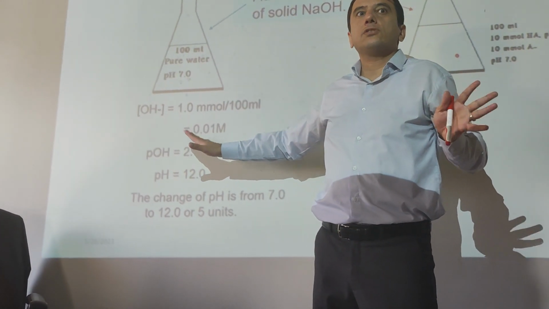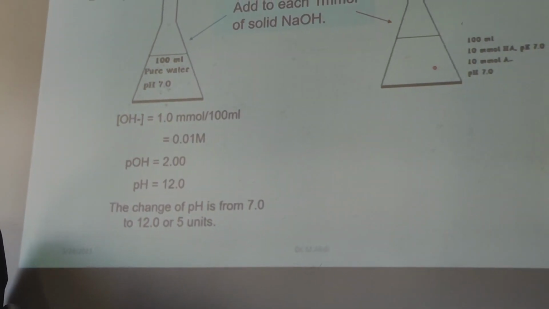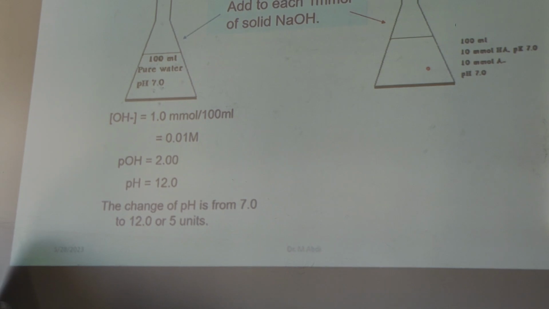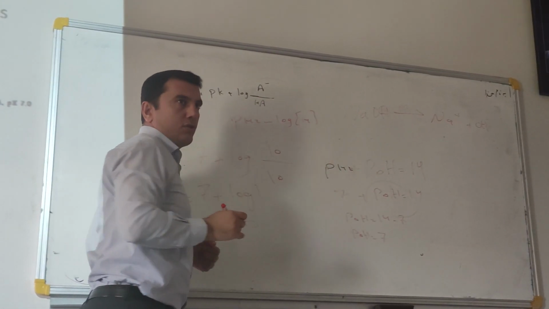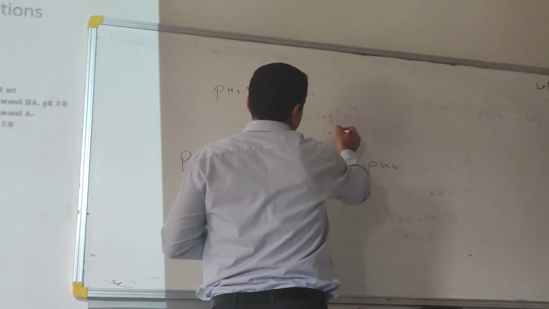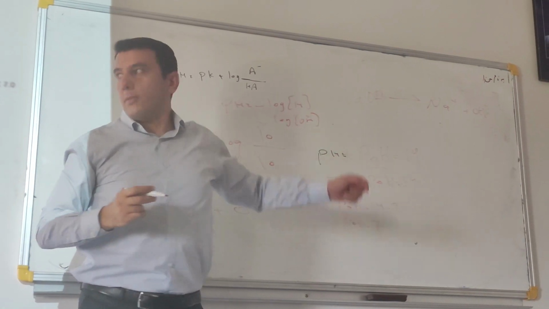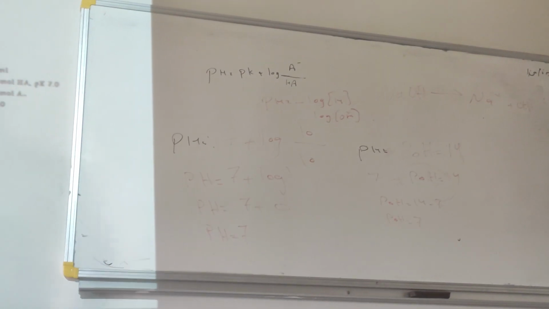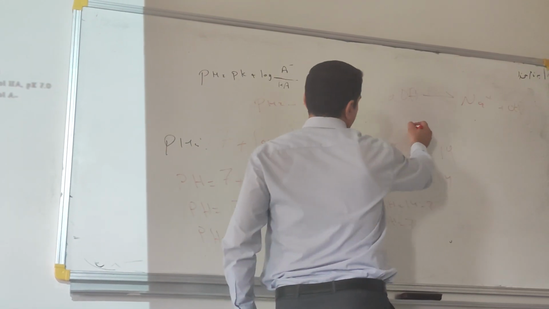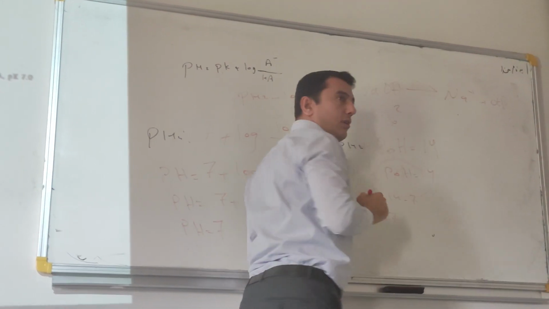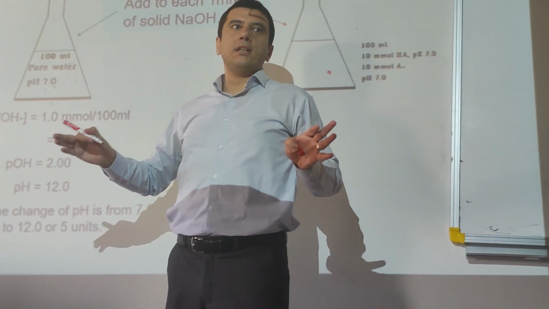We can easily solve the equation. We use this equation, pH is equal to minus logarithm of H or minus logarithm of OH. So the amount of OH is 10 to the power of minus 2.